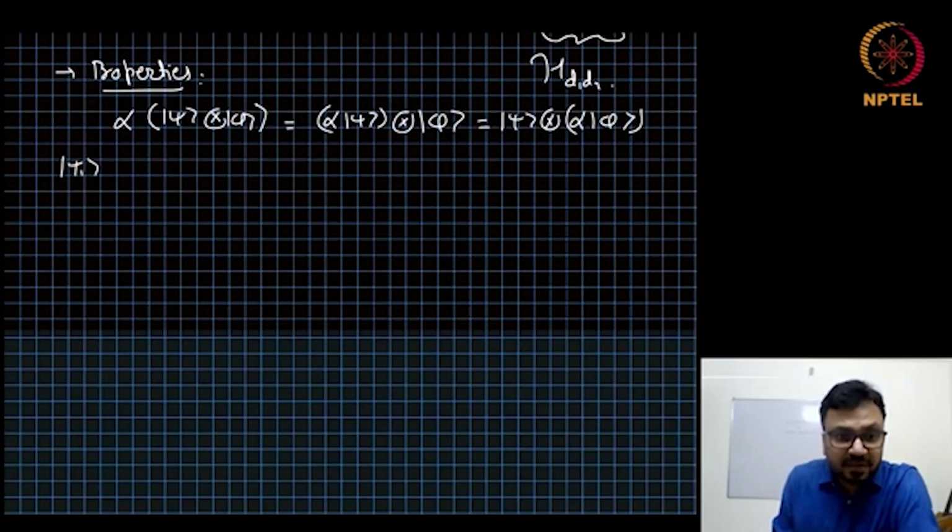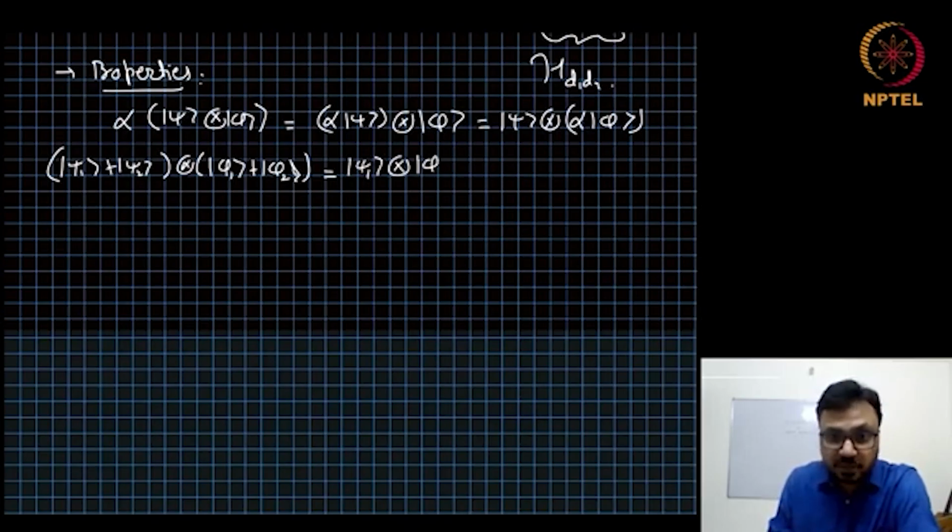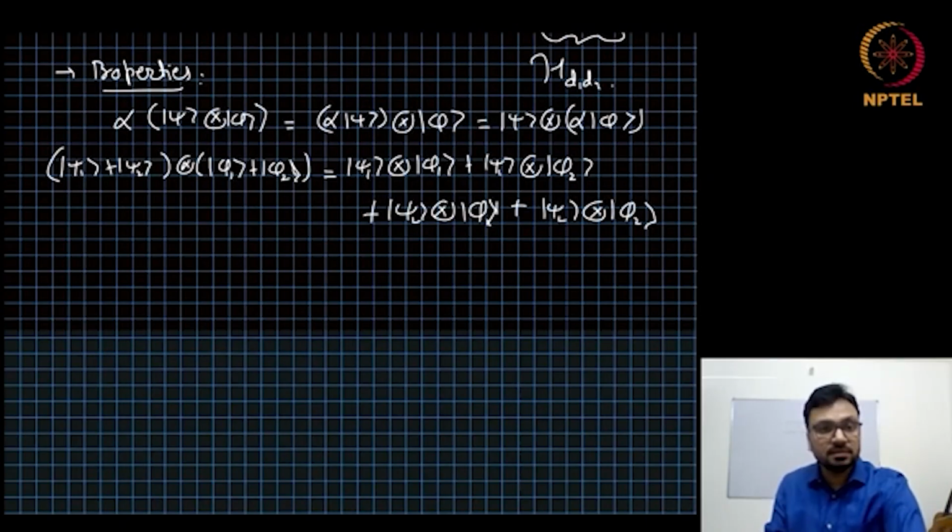If we have psi1 plus psi2 tensor phi1 plus phi2, then it can be opened up like a normal product, but just keeping the order: psi1 tensor phi1 plus psi1 tensor phi2 plus psi2 tensor phi1 plus psi2 tensor phi2. This is another property of the tensor product.